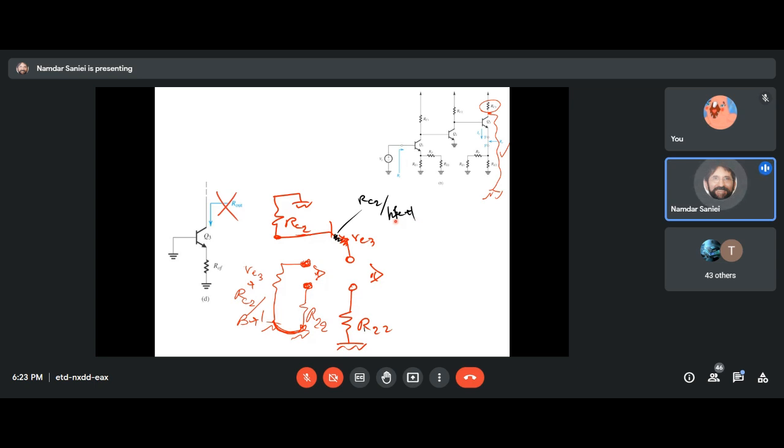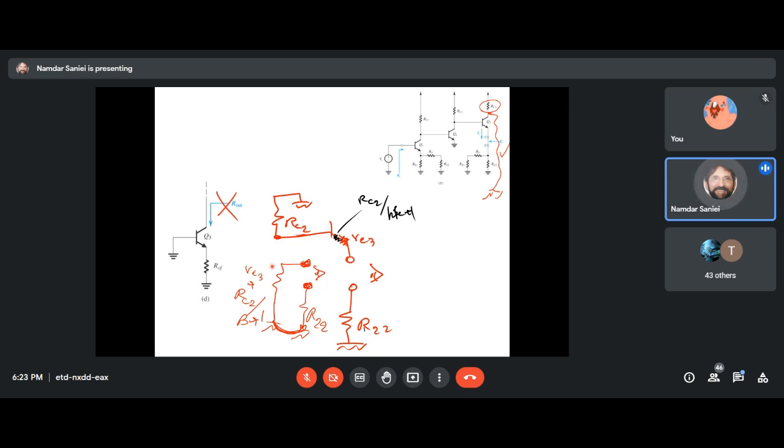And by the way, remember beta, in order to distinguish the beta of the transistor from the beta of the feedback network, we sometimes call it HFE, or we call it beta F. Okay, so this is the reflection of the resistance in series with the base, which is brought into the emitter.